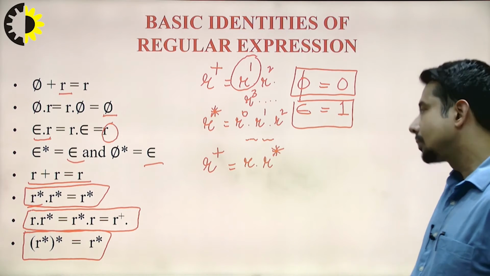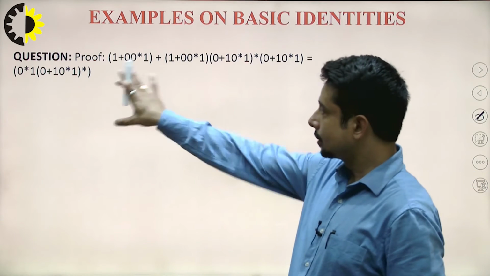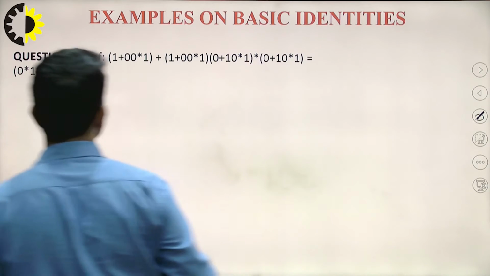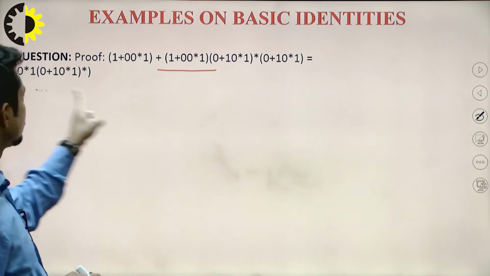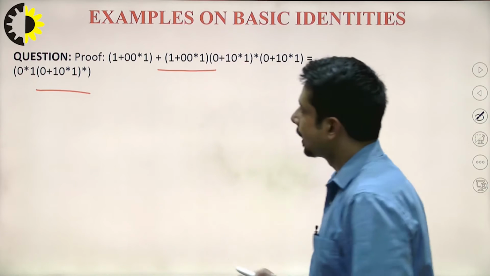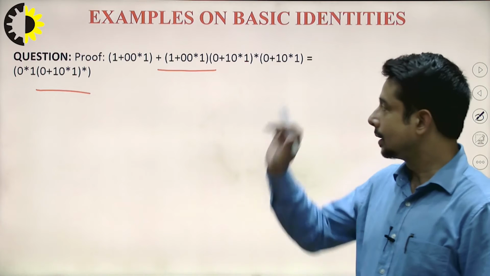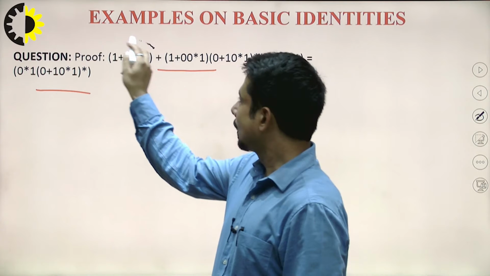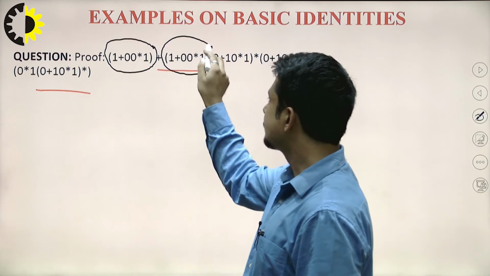Okay, so let's now check the next question, and based on the identities, this is what they have asked for. Now we need to find a particular solution: how to show the left hand side is equal to the right hand side. In this kind of basic identities, you need to find similarities. If you look properly, this is one part and this is another part which has the same expression.